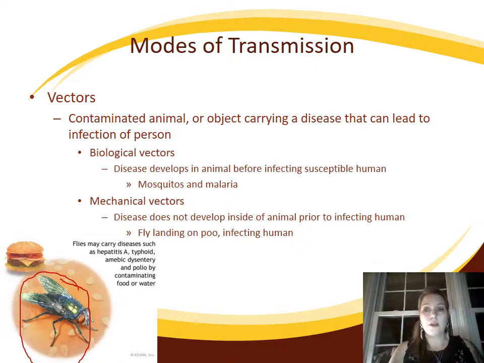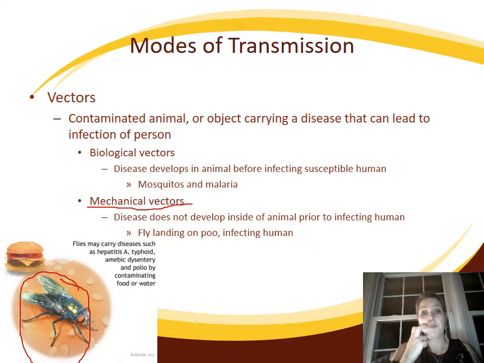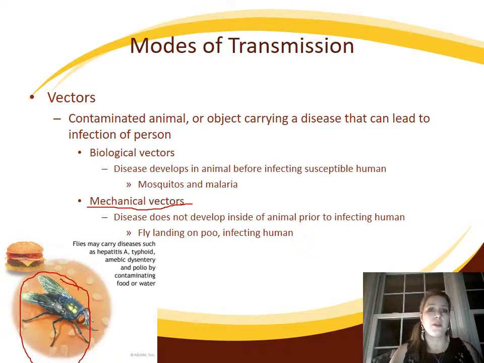Mosquitoes will get malaria, develop it within their systems, then spread it to the host through their blood-sucking habits. Mechanical vectors are diseases that do not develop inside of the animal, but the animal still spreads the disease anyway. So now we're back to this little dude, Mr. Fly.